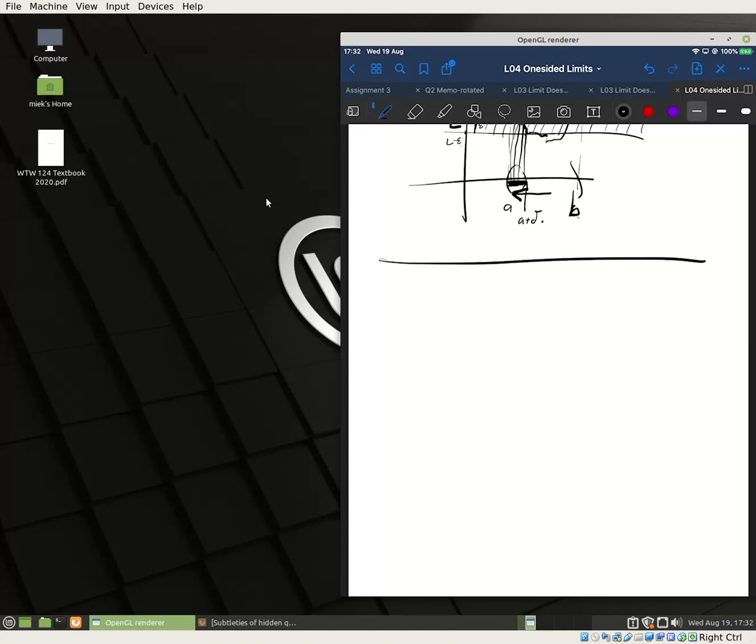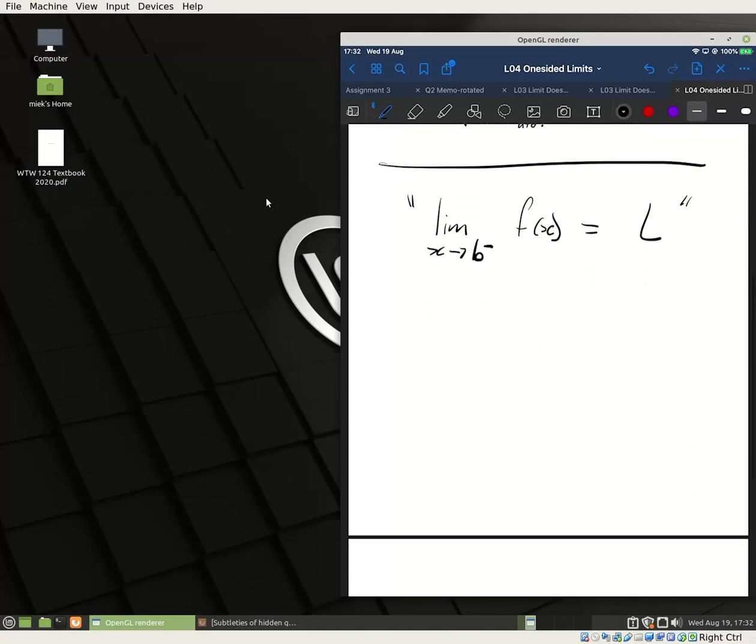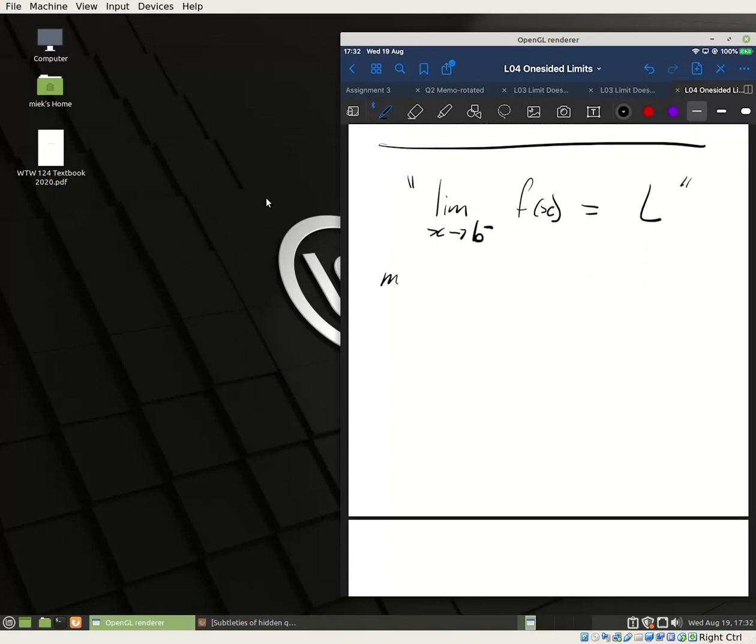Okay, and of course symmetrically you have a left limit. So the following, the limit as x tends to b from the left of f of x is equal to L. That means the following.